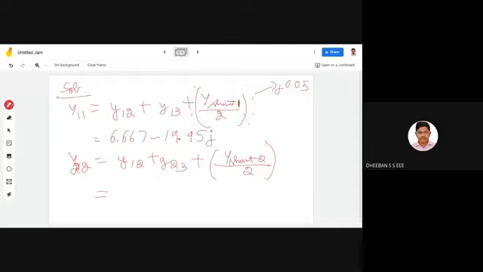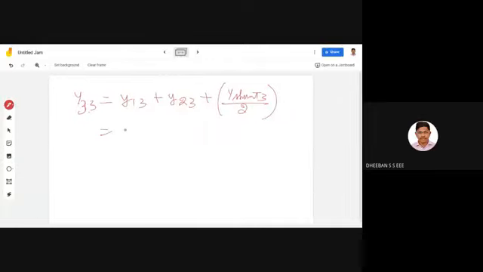And coming to y22, it will be 4.167 minus 12.44j. And with respect to y33 it will be 7.5 minus 22.45j.